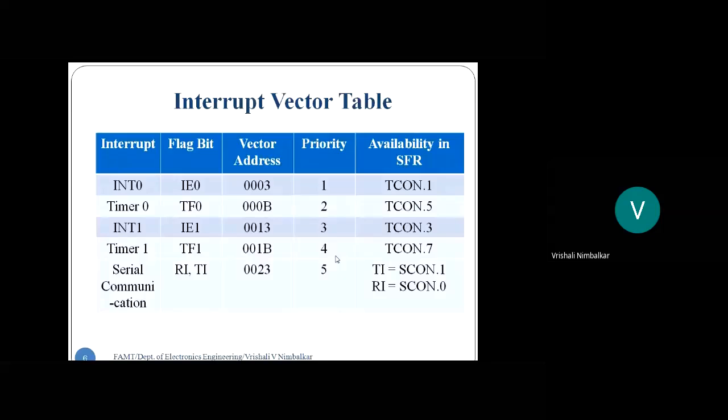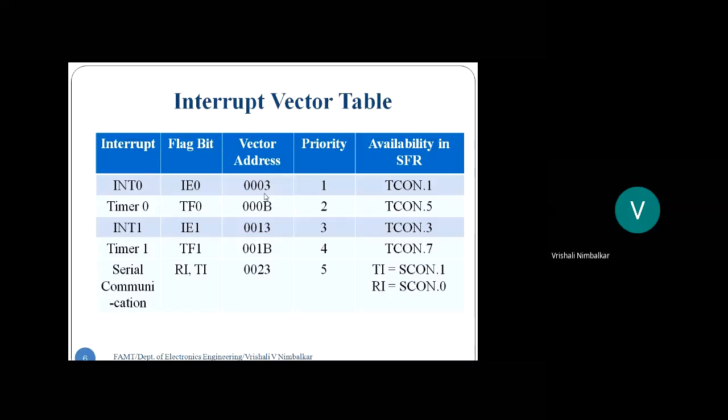Now as we said in yesterday's lecture, see, the difference between the vector addresses is hardly 8 memory locations. Correct? So it might not be possible to fit whatever program should be executed when that interrupt arrives. It means the interrupt subroutine program cannot fit in these 8 memory locations.